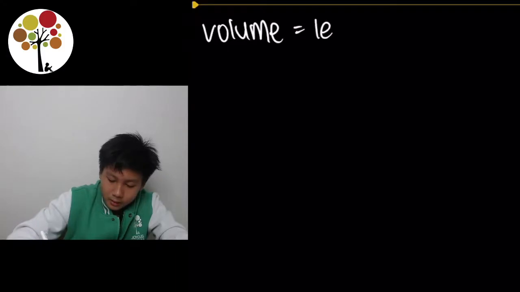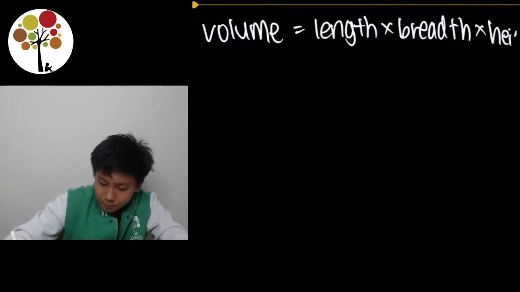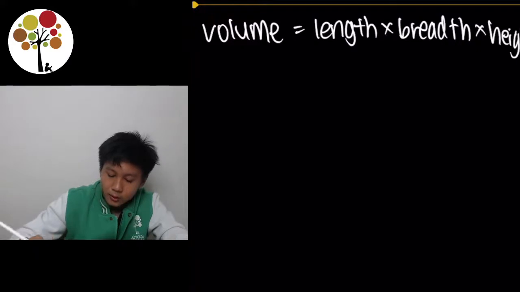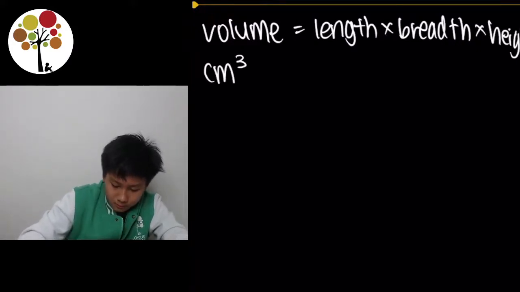But before we go into the question, I would like to do a quick recap on volume. Volume is equal to length times breadth times height. And the unit of measurement for volume is cm cube.